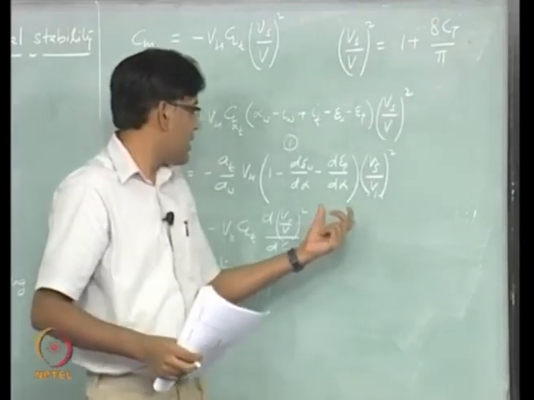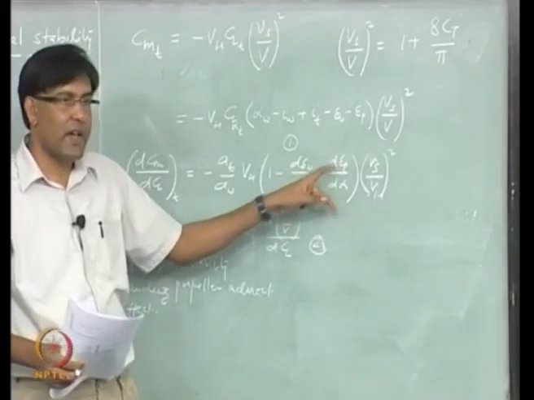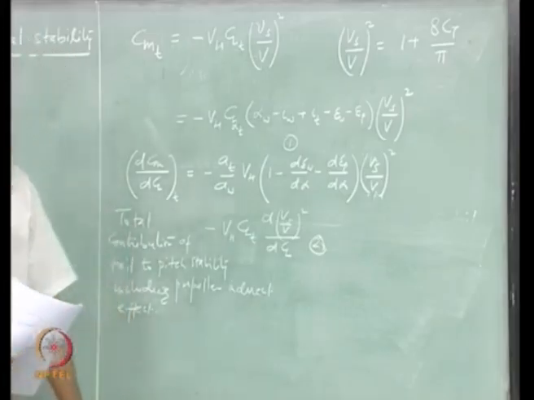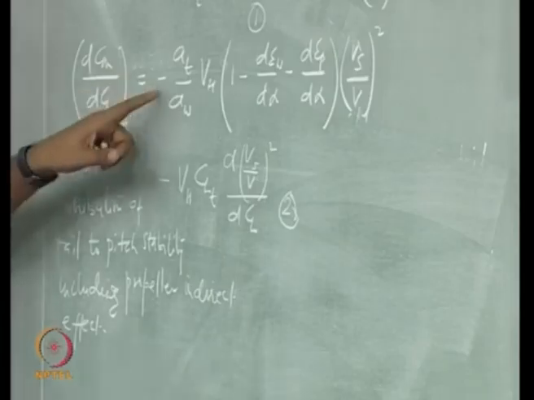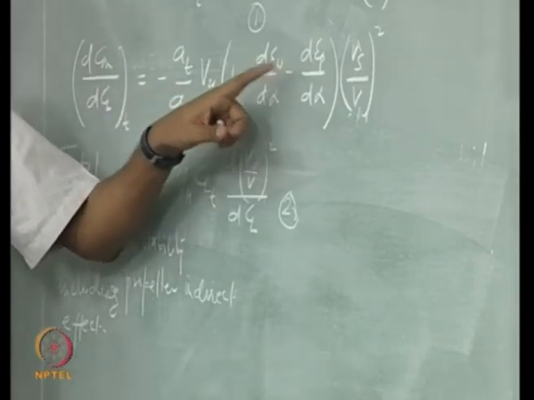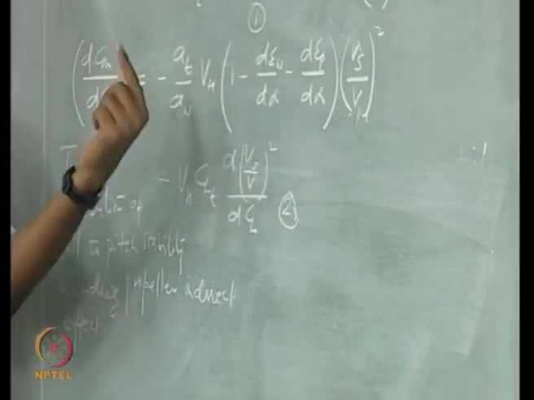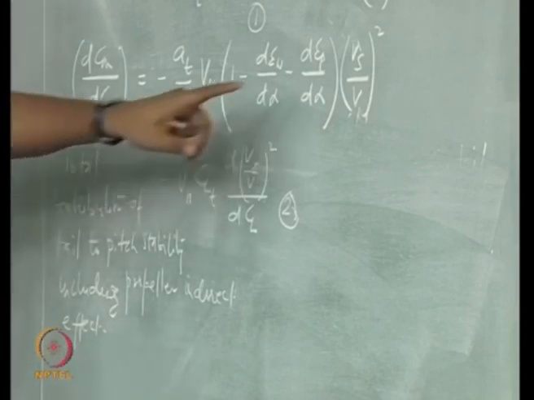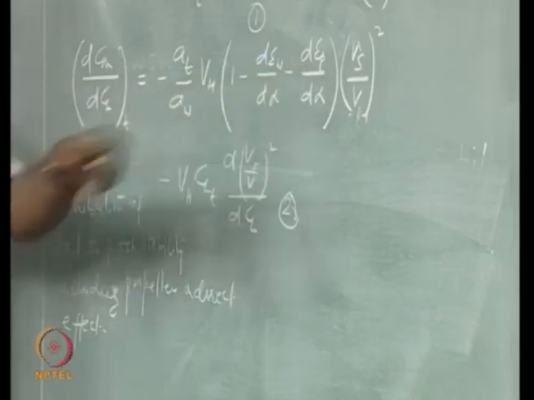But if I only want to look at the effect of this downwash angle, what is it? So, minus into minus, plus. So, it is going to have a destabilizing effect if I only want to look at the effect of the downwash because of the propeller.